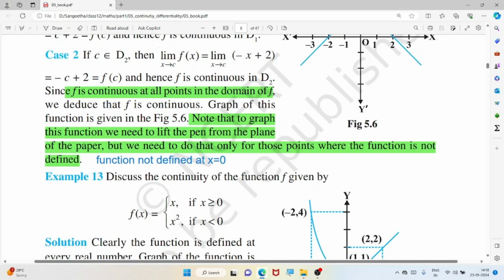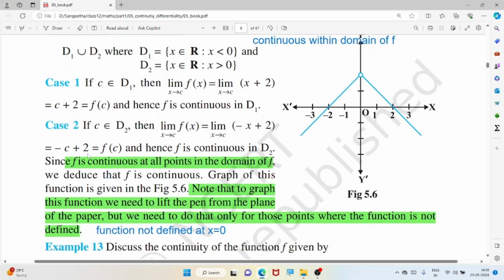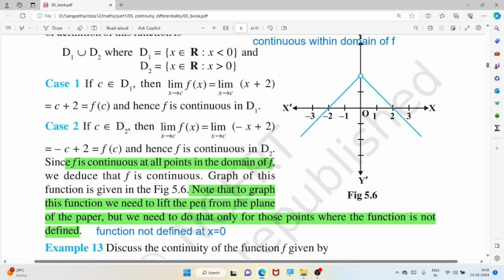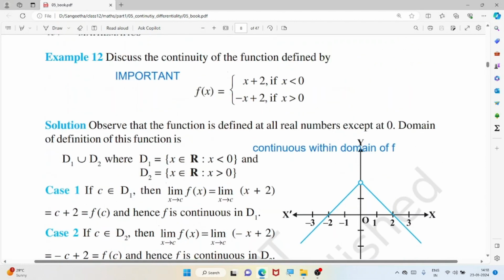Note that on the graph of the function, we need to lift the pen at 0 from the plane of the paper, but we need to do so only for those points where the function is not defined. So it is a continuous function because the function itself is not defined at x equal to 0.